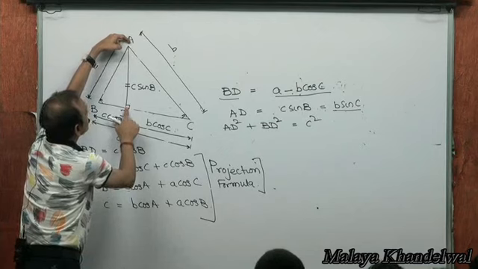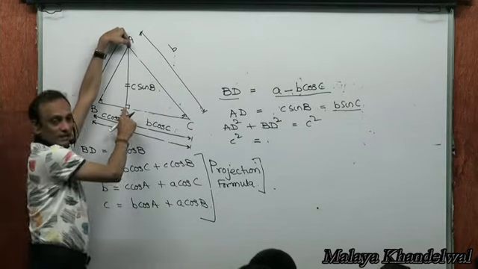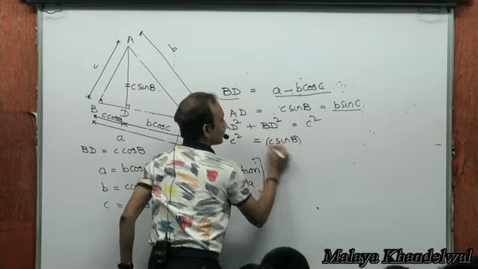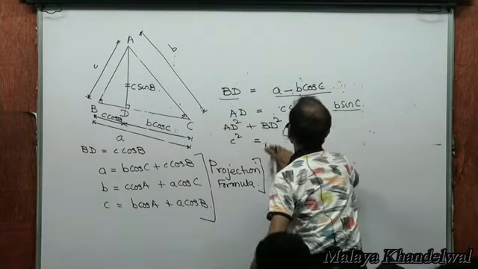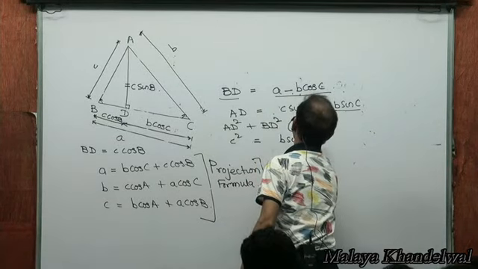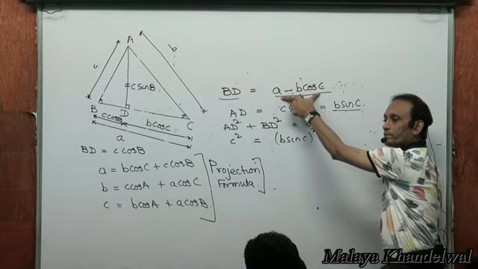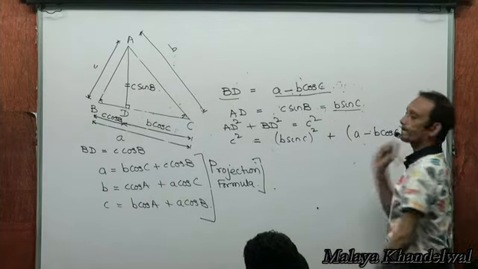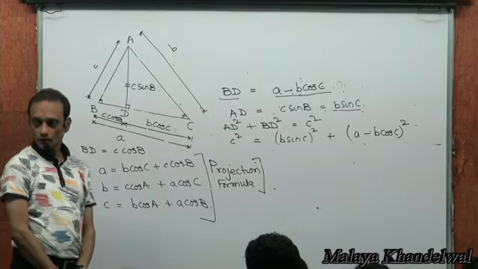So c squared is AD squared, which is b sin C whole squared, plus BD squared, which is a minus b cos C whole squared.